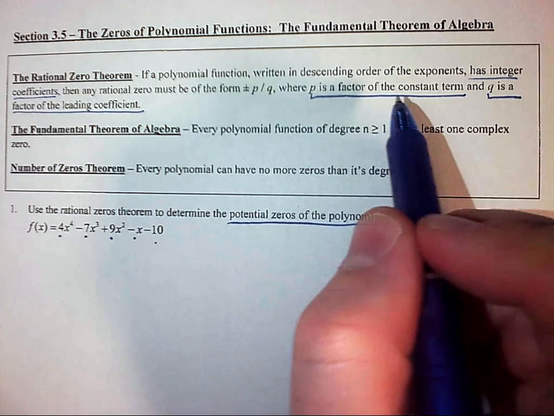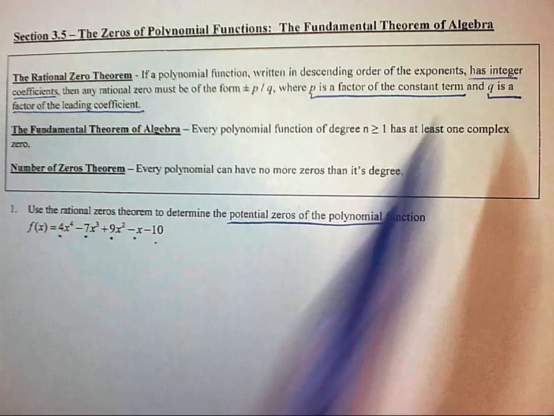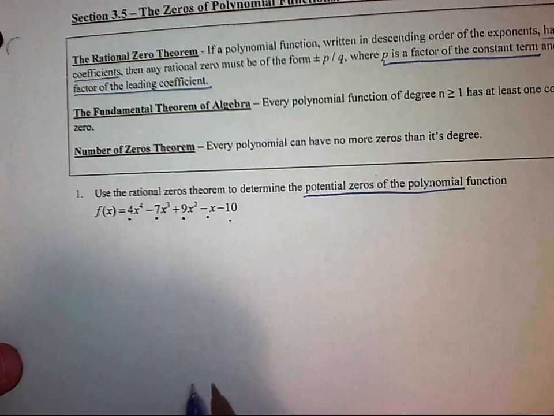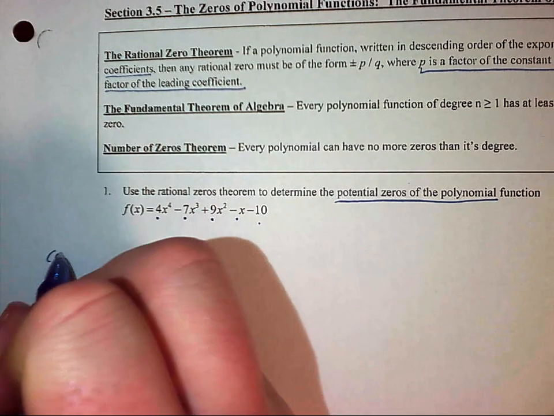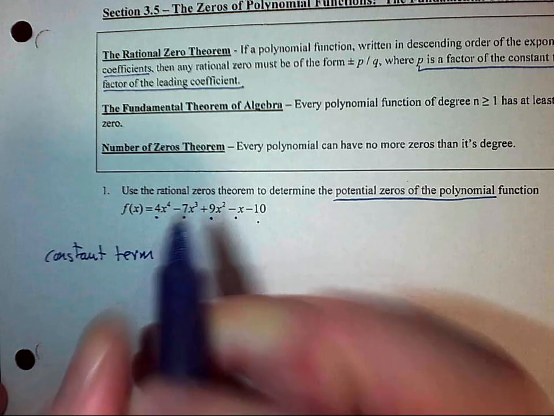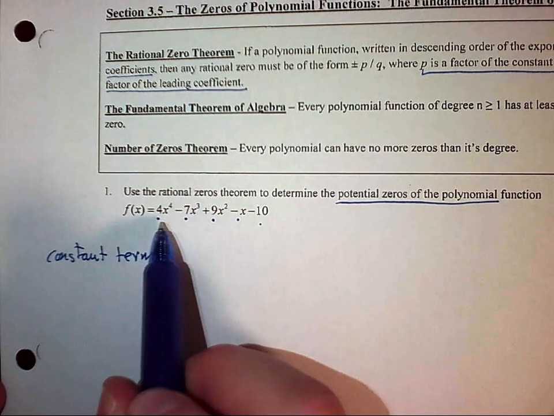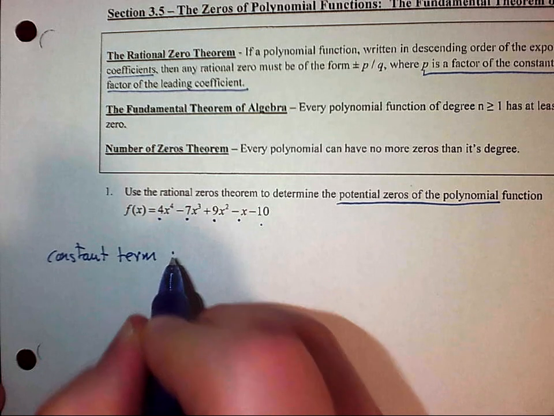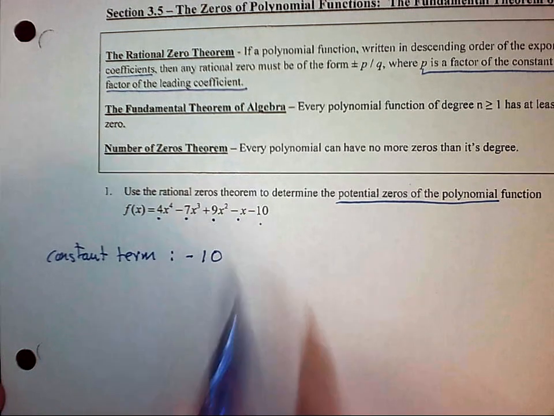What we need to focus on now is the factors of the constant term. Let me write right here that this is going to be our constant term. Our constant term in this polynomial is simply the thing that doesn't have an x attached to it. So here our constant term is equal to negative 10.